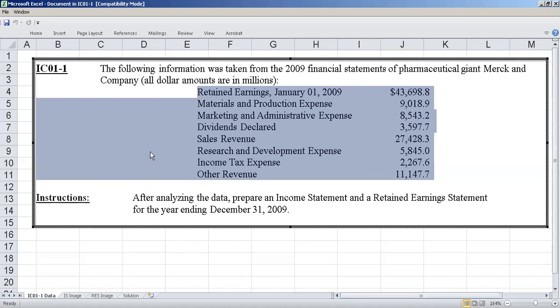Part of the process of problem solving is deciding, is this information needed or is it not needed? And you will definitely have problems where you will be given data that is not important to the solution of your exercise.